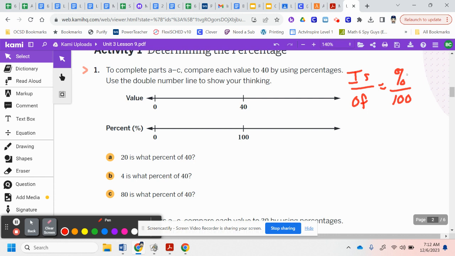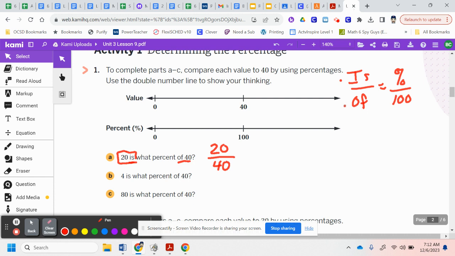So when I look at letter A, it says 20 is what percent of 40? So is my 20. See how those two go together? My is, that top number here, is going to be 20. Of 40. So my of is on the bottom.